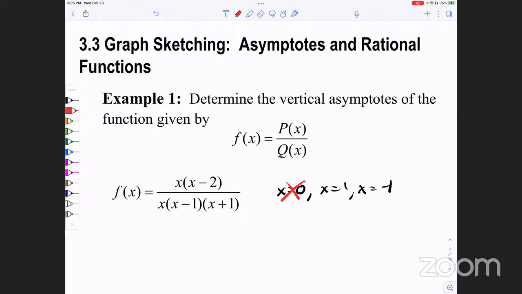x equals 1. If we plugged it in, that's going to give us -1 over 0. So that one's going to be a vertical asymptote. And when x is -1, that gives us 3 over 0. So x equals plus or minus 1 are going to be our vertical asymptotes.